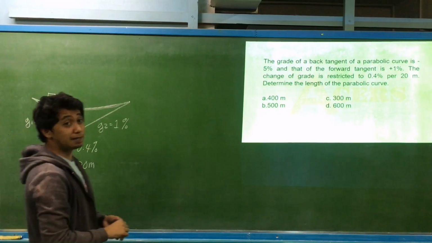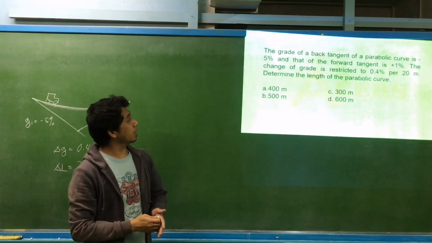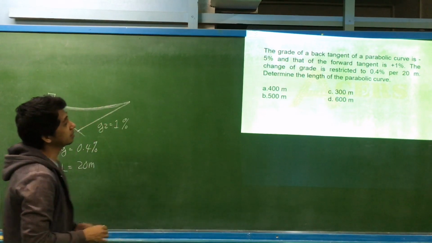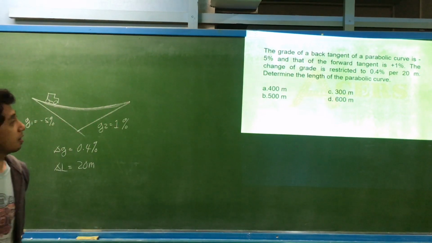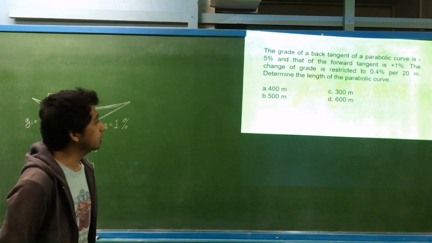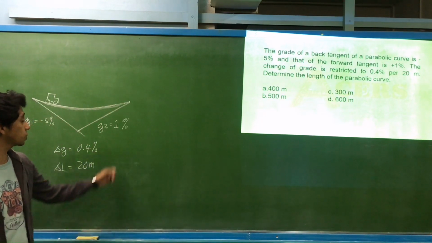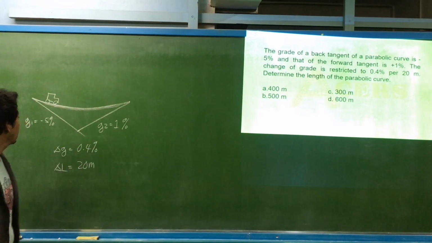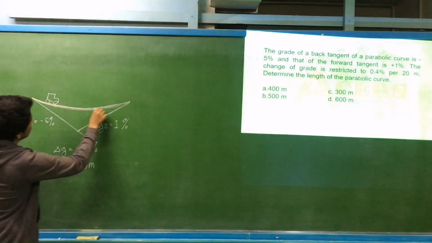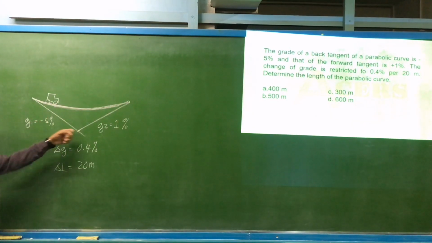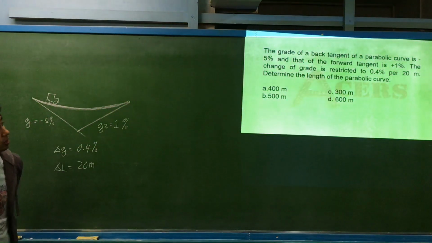Okay, so our next example, parabolic curve. So the grade of a back tangent of a parabolic curve is 5% and that of the forward tangent is 1%. So we have a sag curve. Since yung back tangent is negative slope, then forward tangent is positive.